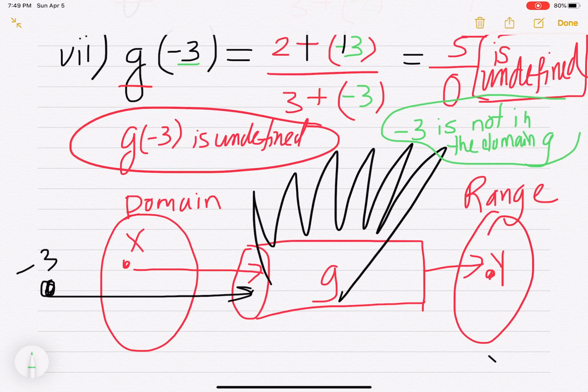So there are two ways to say this. First of all, g of negative 3 is undefined. That's the most popular way, but you could also say negative 3 is not in the domain of g, right? It's not a valid input. All right, so we'll pick up probably in our next video with looking at domains of functions.